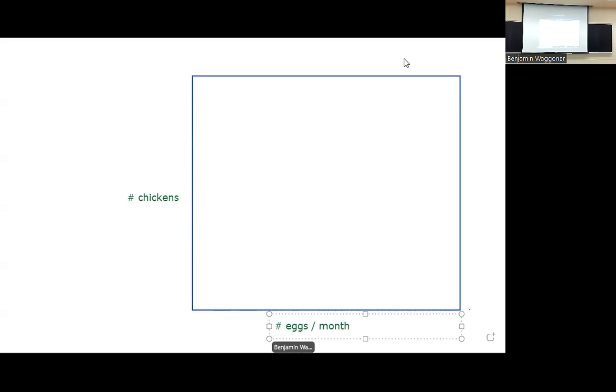And let's assume that the variance is normally distributed, meaning that it fits a bell curve. So let's say that some of our chickens are real slackers and might only be laying a couple of eggs a month. And most of our chickens are laying kind of a medium number of eggs per month.